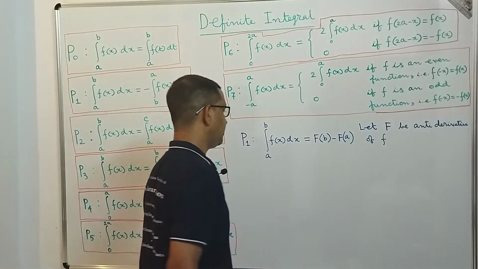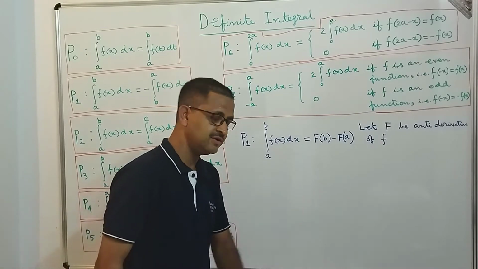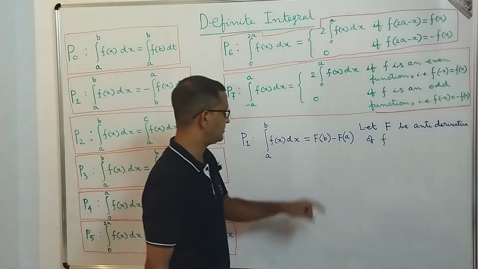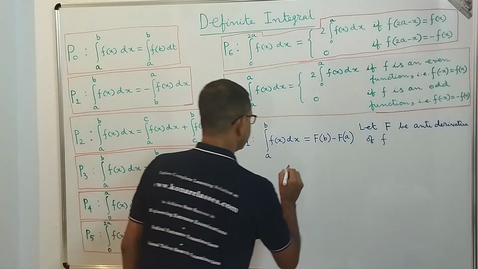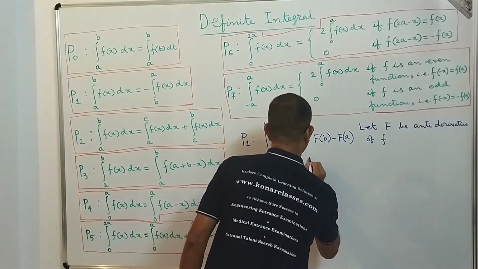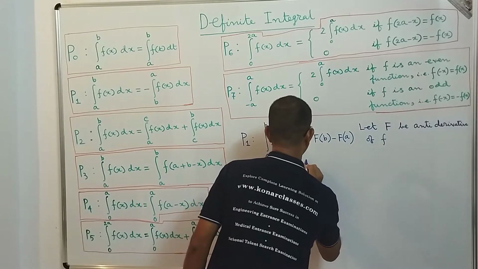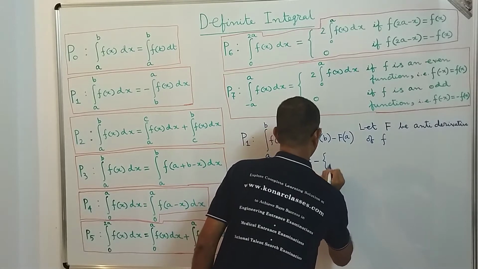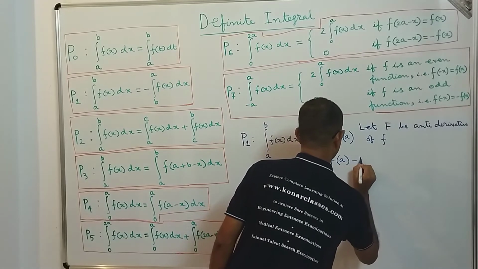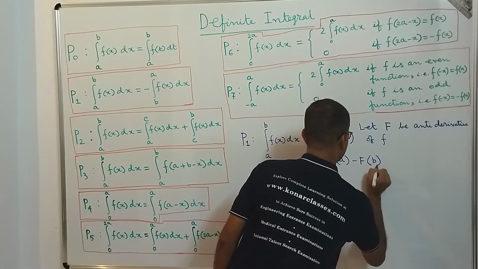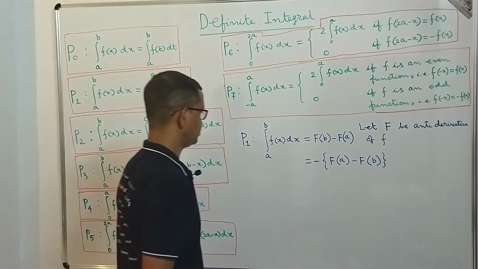Correct? You can look into my earlier session where I discussed the second fundamental theorem of integral calculus. So this is equal to minus of F(a) minus F(b). Correct or not?